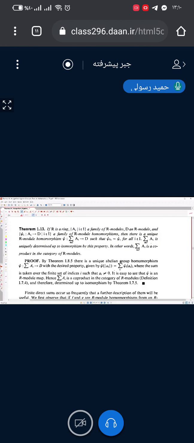We have this morphism from A_i to the sum of A_i, L_i, such that for any family psi_i from A_i to D of R-module homomorphisms, there is a unique R-module homomorphism psi such that this diagram commutes.